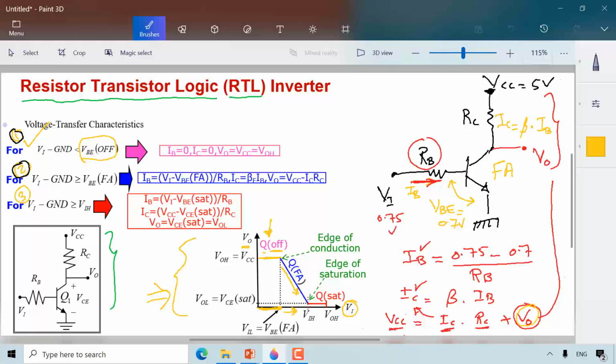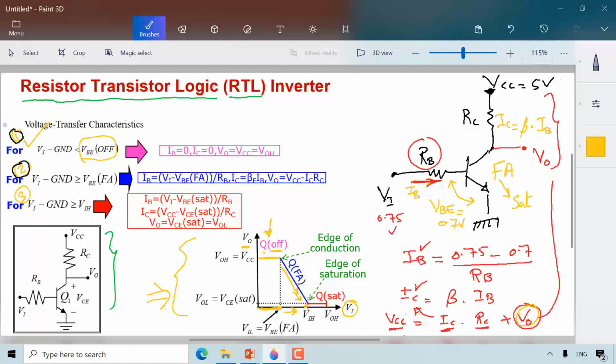We go all the way up to this point, which is VIH. When I reach VIH, it is the point when I will establish this device and put it into saturation.